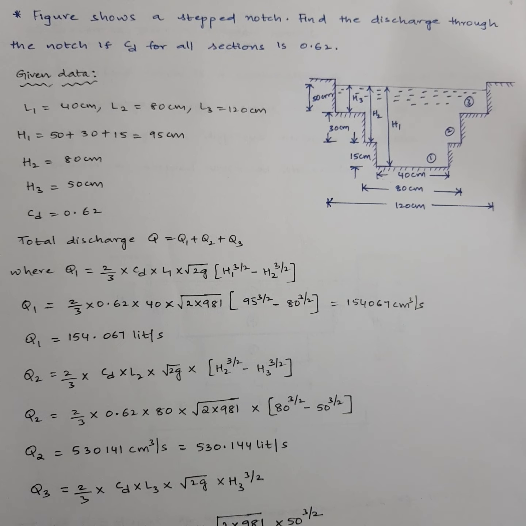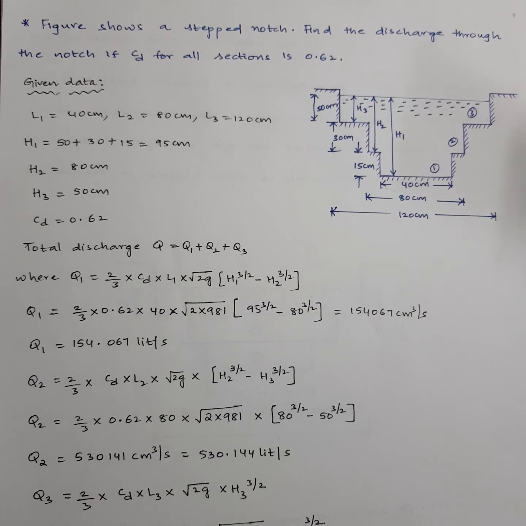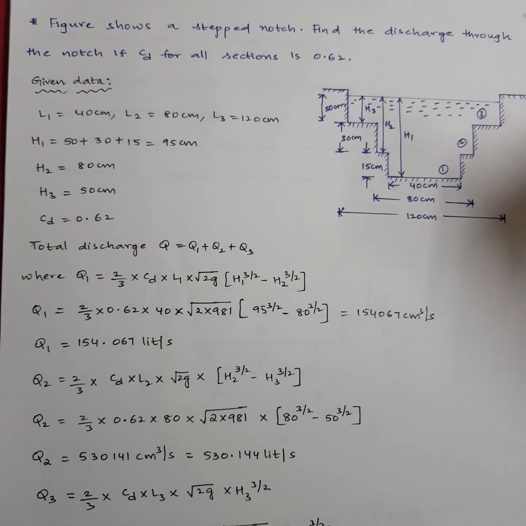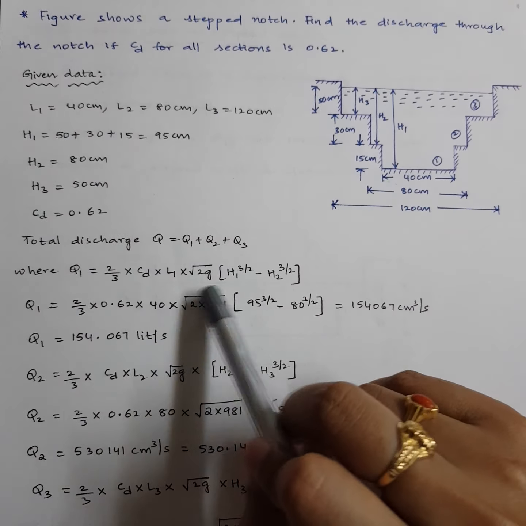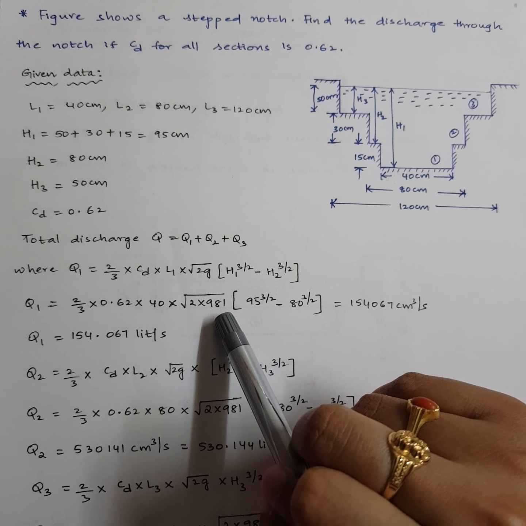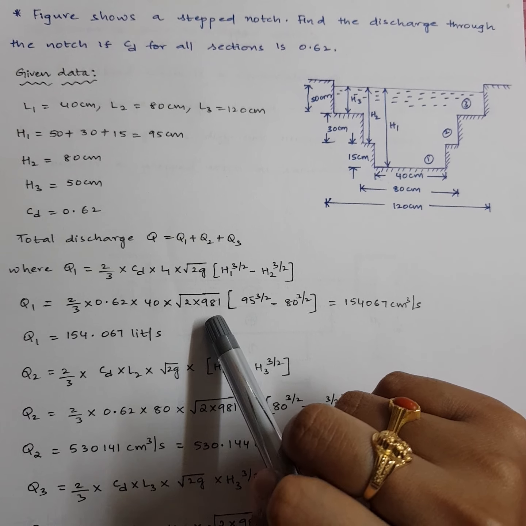We already know the total discharge Q formula is Q1 plus Q2 plus Q3. But let's calculate Q1 first. As I told you just now in the derivation, the Q1 formula is 2 by 3 into CD into L1 into root 2g into h1 power 3 by 2 minus h2 power 3 by 2. So it's 2 by 3 into 0.62 into L1 is 40 into root of 2 into 981. You have to be careful here. Why didn't we write 9.81?